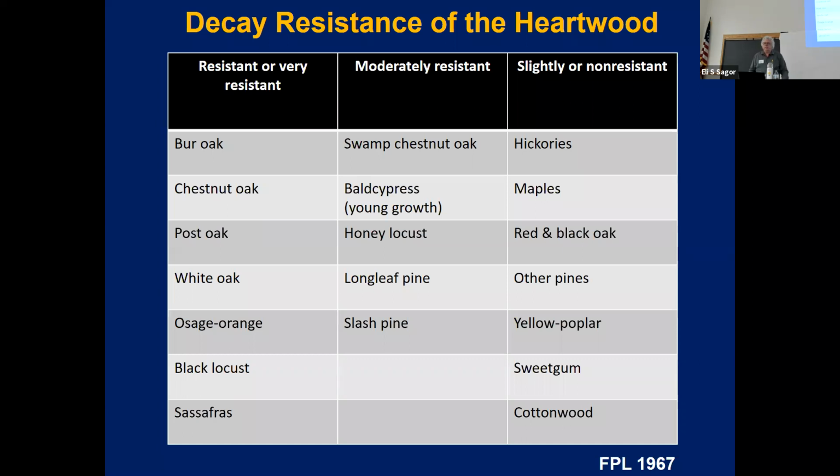Joe's going to talk about value and volume loss from fire injury in oaks. And so you'll be hearing more about that in a few minutes. But white oaks are really good about minimizing the negative impacts of fire on volume and value loss. And there's also ecological benefit to that too, because if you're restoring a post oak or a bur oak or a white oak woodland or savanna, regular fire is going to be a part of that management.